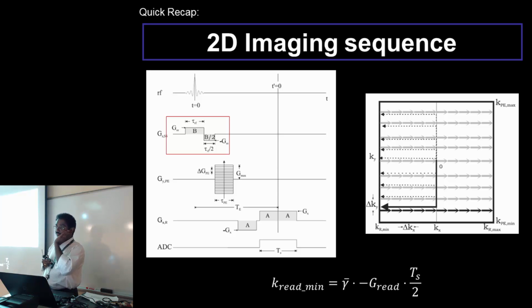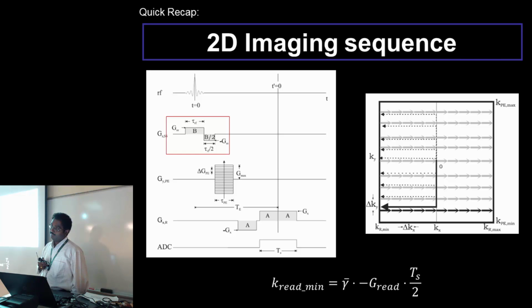Meaning that the transverse magnetization created in the previous TR is not going to contribute signal to the next TR. So you're starting with a k equal to 0 point as far as phase is concerned. There are multiple ways you can make sure that the phase of your signal is starting from 0 at the beginning of the next TR.